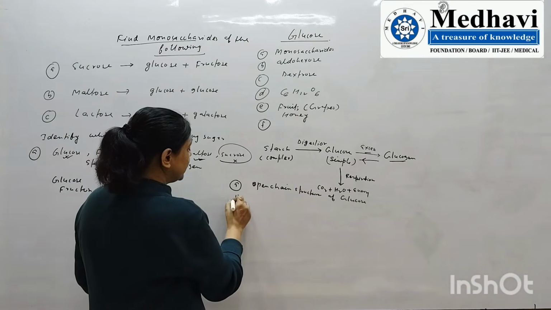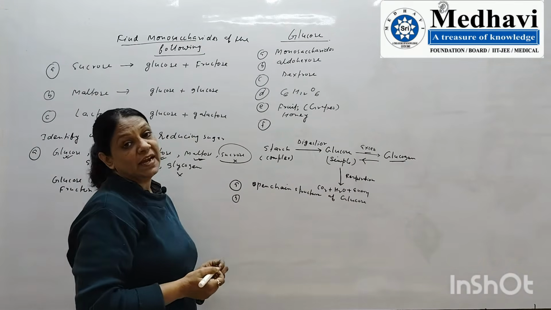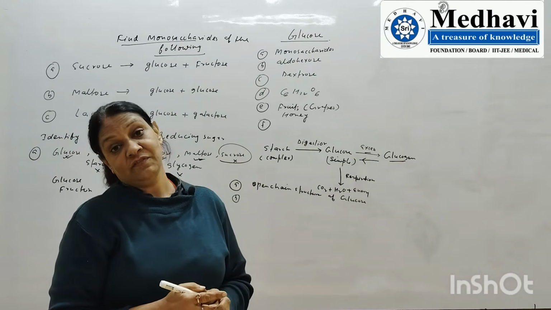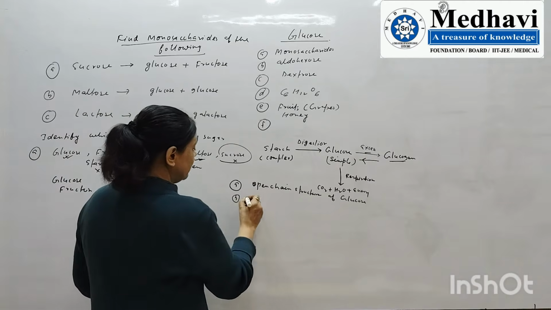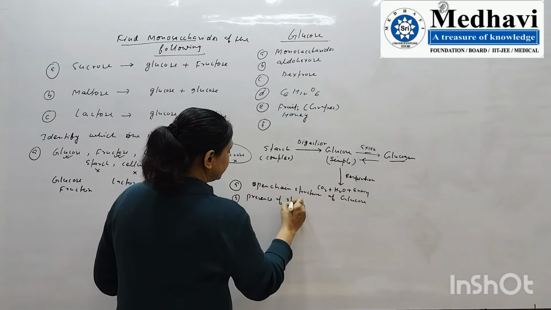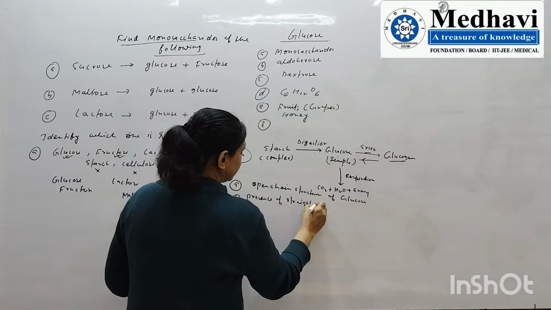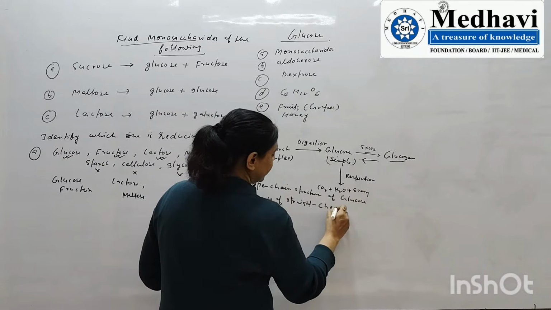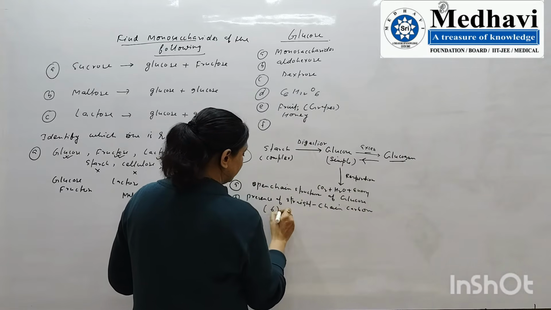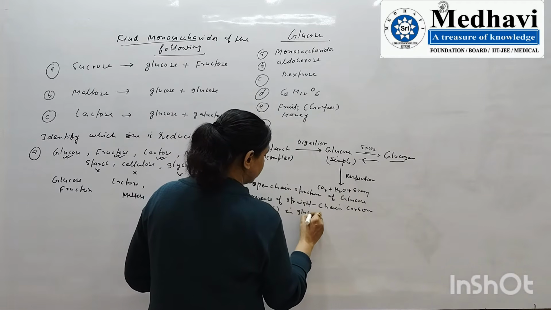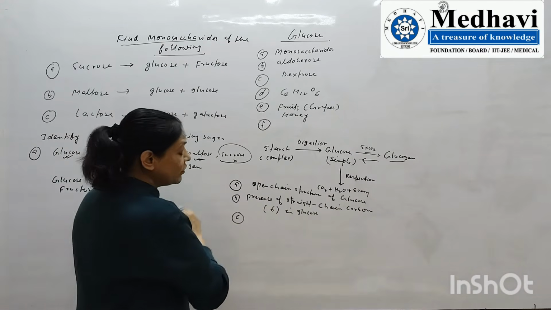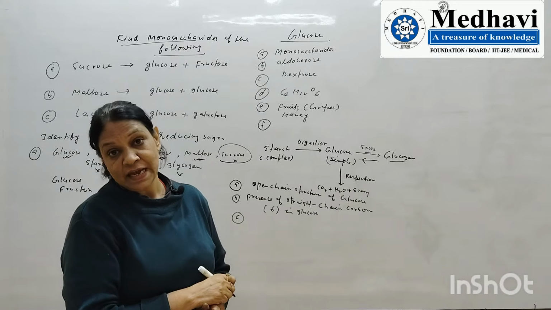The second information students will get is how you can say that glucose has 6 carbons attached in a straight chain form. That is, the presence of a straight chain of carbon, and that is 6 in number in glucose. That is very important information that I am going to explain. Third, how can you say that glucose has an aldehyde group?